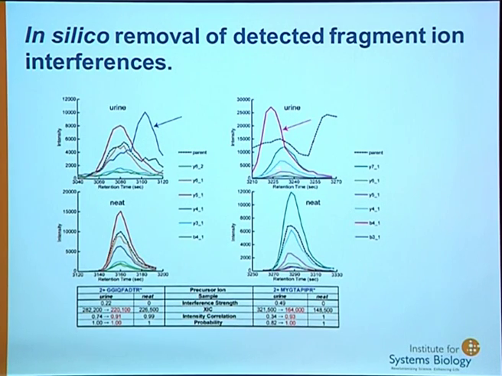Here's the same thing with the purple line, an interference from urine that is gone in the neat solution. And you see this one here is supposed to be the top fragment ion, and that one is reduced, I think down here even.